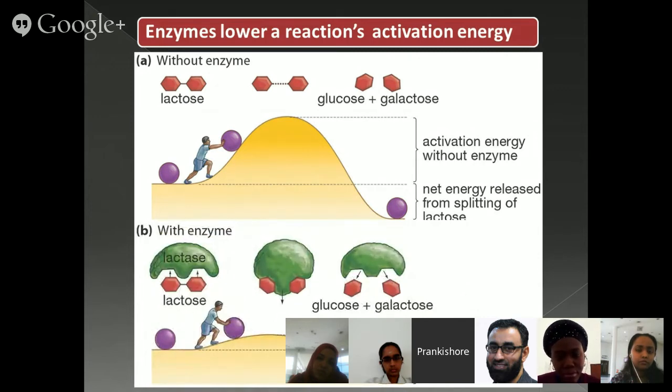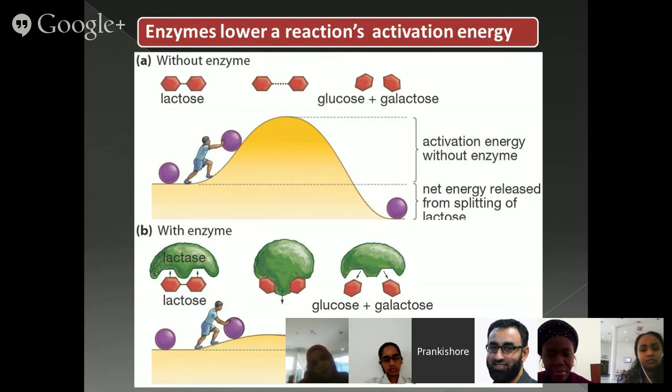The enzyme substrate complex forms a different kind of reaction path, and that allows the lowering of activation energy, which facilitates the enzyme-catalyzed reaction taking place very fast.